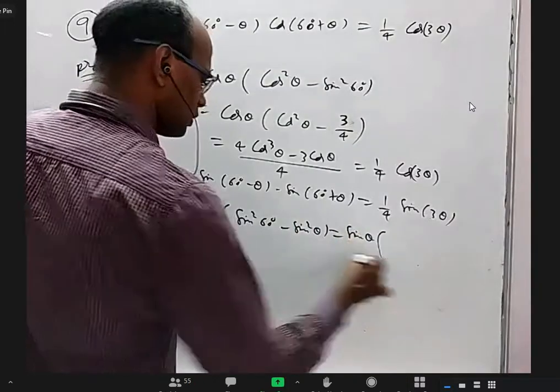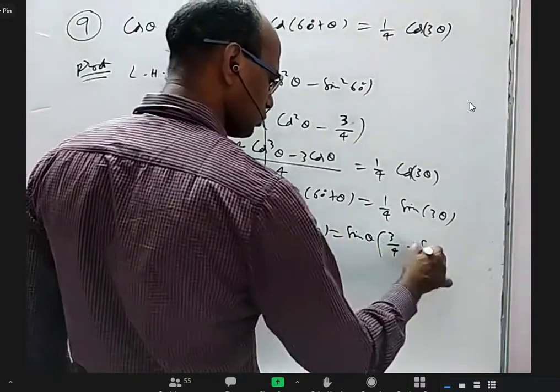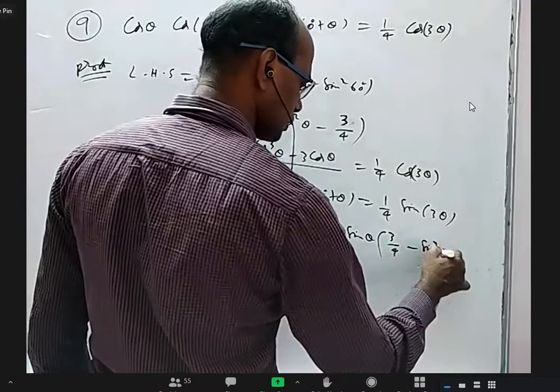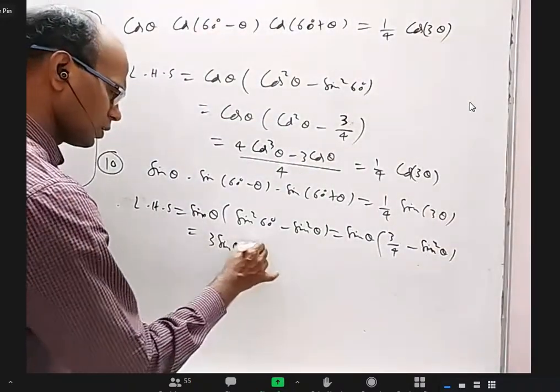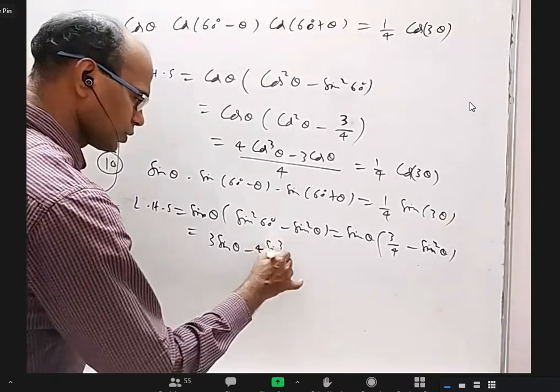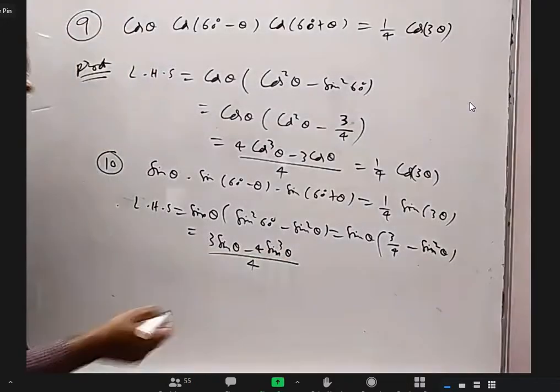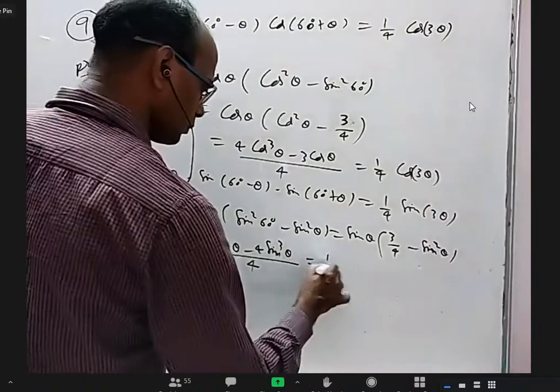That is sin theta into 3 by 4 minus sin square theta. So simplifying, I'll get 3 sin theta minus 4 sin cube theta by 4. That is 1 by 4 sin 3 theta.